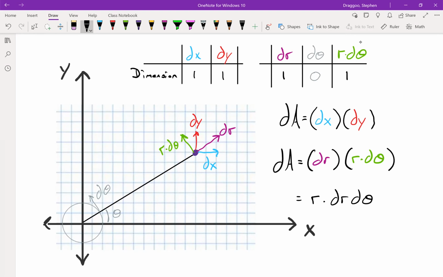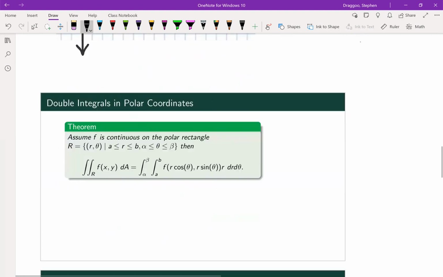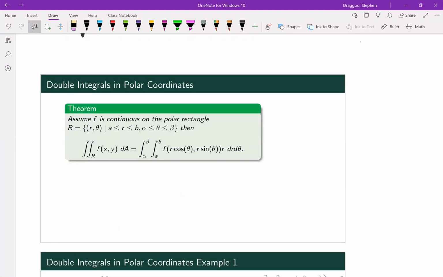So practically speaking, what that means is that every time we do a double integral in polar coordinates, we're going to need to multiply our function by r because of that dA factor. So if we bring that into the theorem, where again, we'll use the fact that dA is dr times r d theta, or most often just abbreviated r dr d theta.